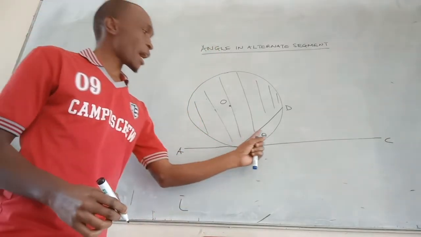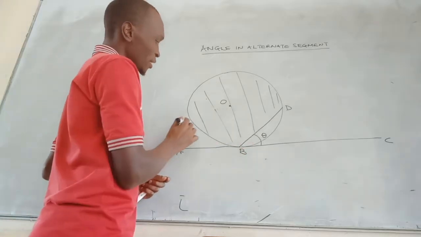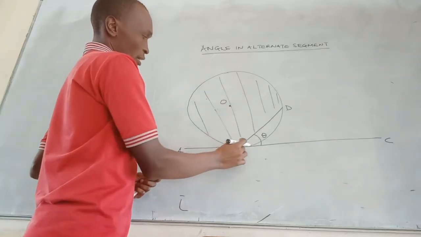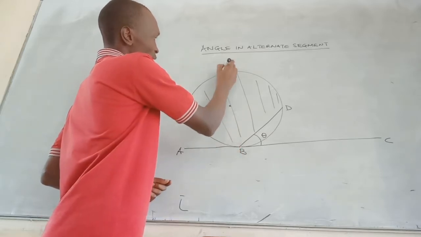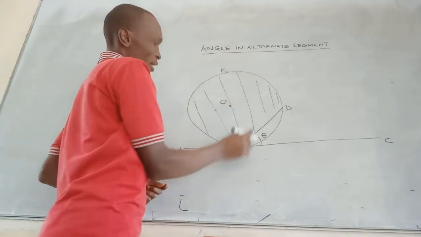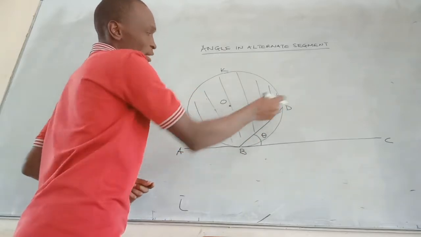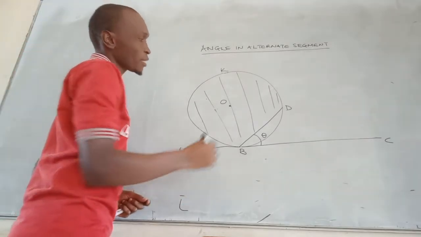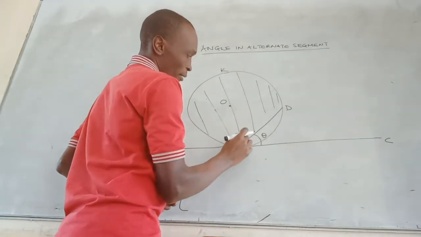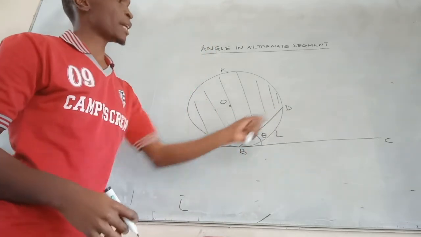So this angle is an alternate to the segment. Let me say this is K, BKD. BKD is a major segment, and BLD is a minor segment.